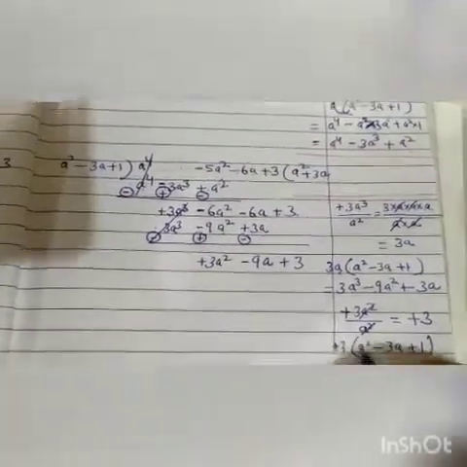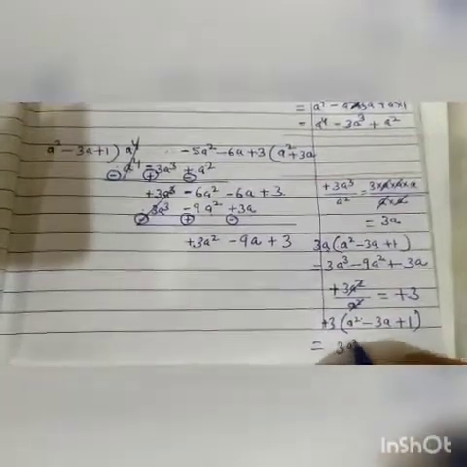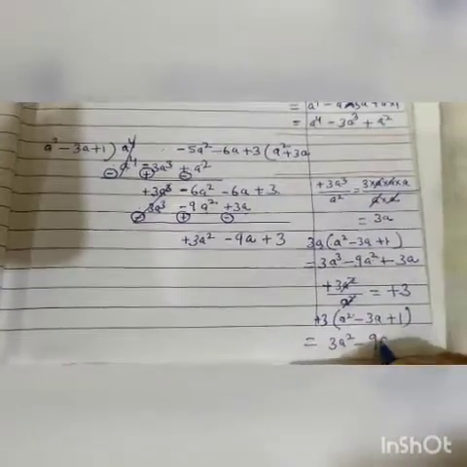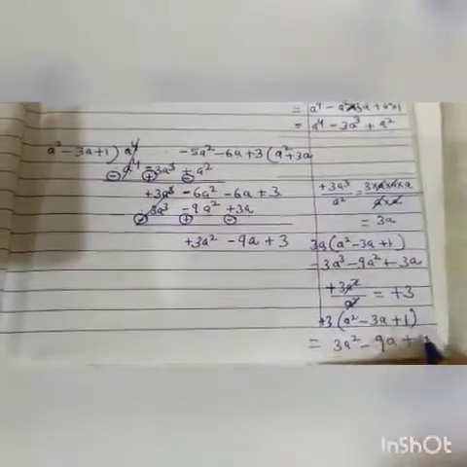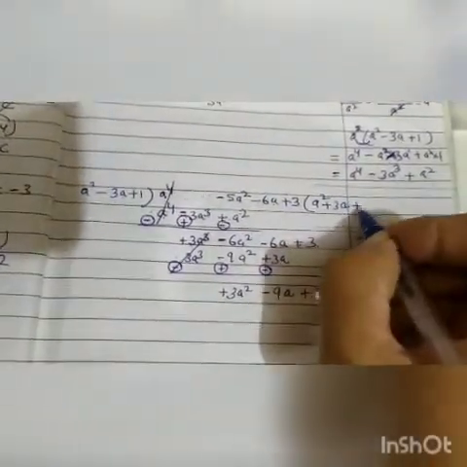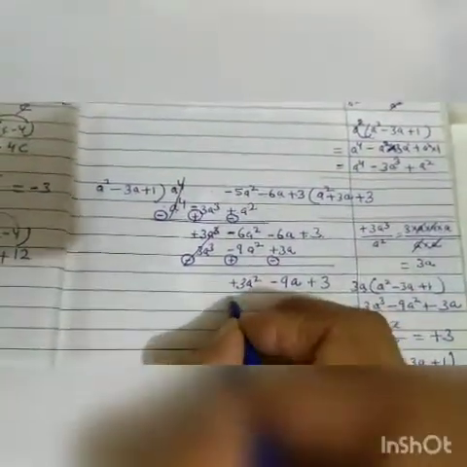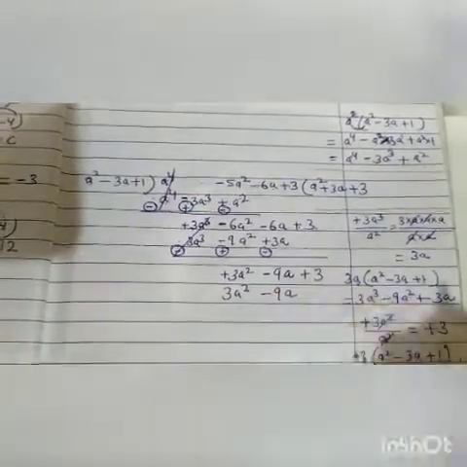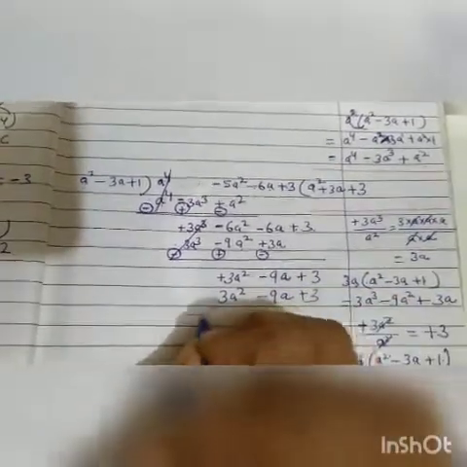It will be 3a square. This minus 3 3 ja 9a plus 3 1 ja 3. This is plus 3. It will be written here plus 3. Then this 3a square minus 9a plus 3.